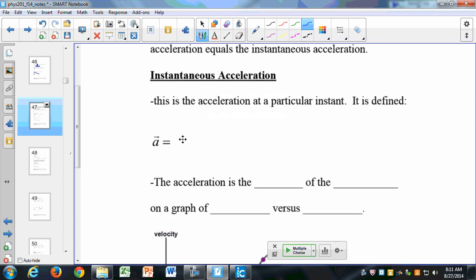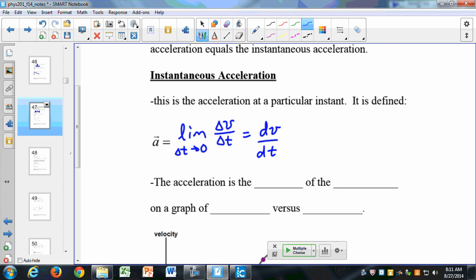Okay, so instantaneous acceleration is defined in this way. It's the limit as delta t approaches 0 of the average acceleration, delta v over delta t. And of course, this is just the first derivative of the velocity with respect to time.